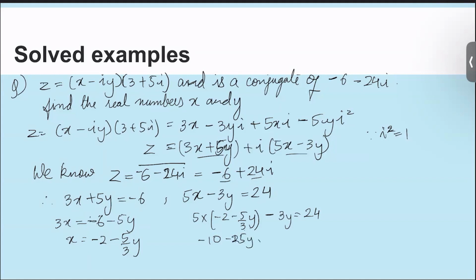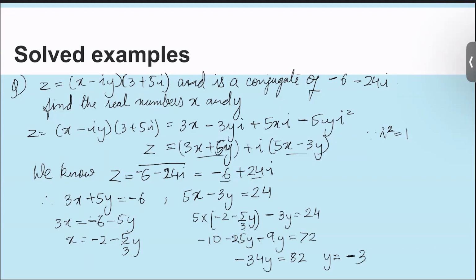Okay, you take it over here. This is 9y, and 3 into 24 will become 72. So you have minus 34y is equal to 82. Okay, so we get y is equal to minus 3.